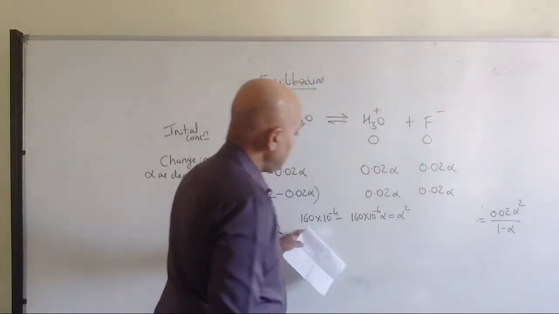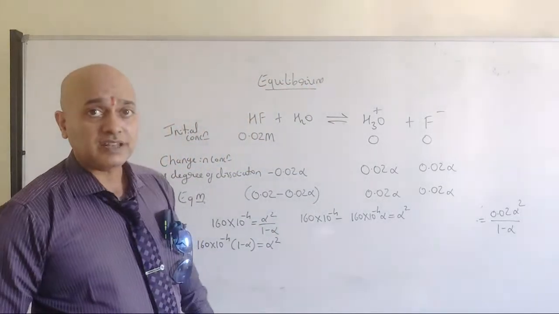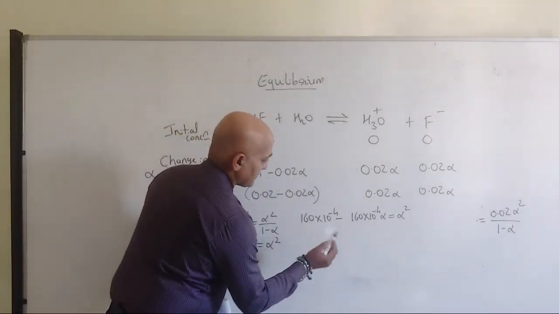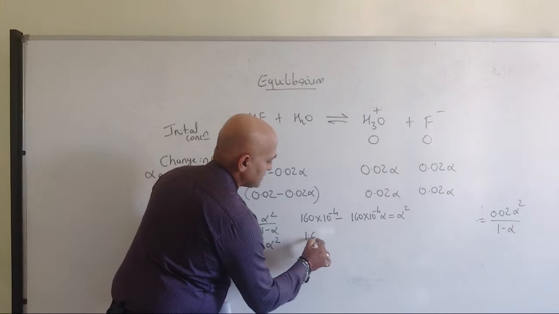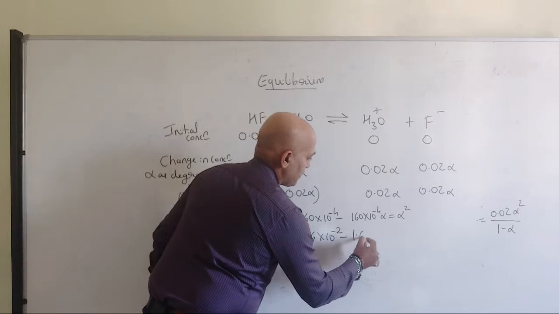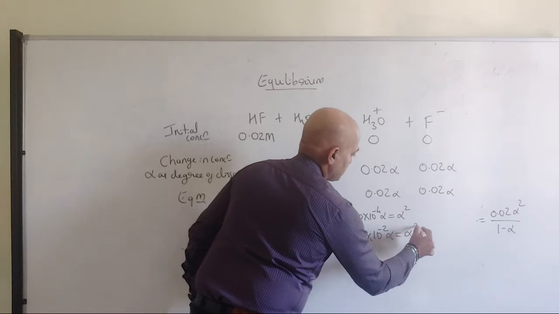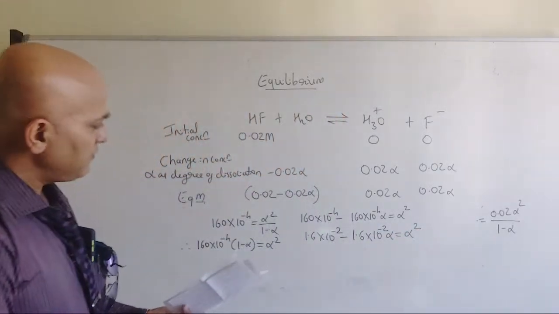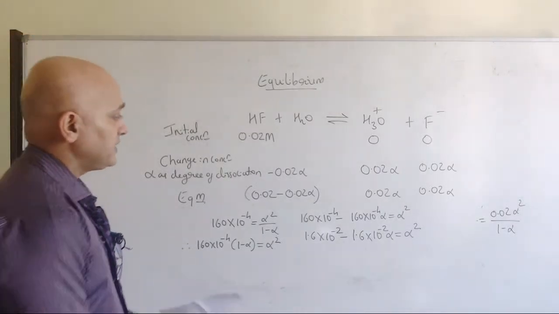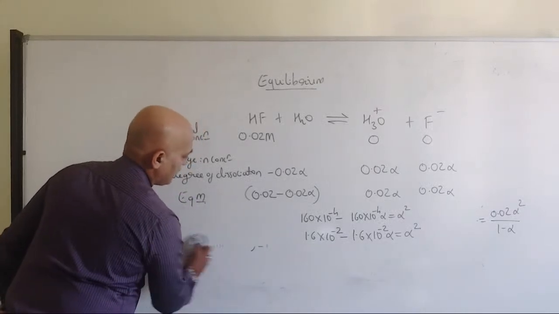So we can go with 1.6 into 10 to the power of minus 2 minus 1.6 into 10 to the power of minus 2 alpha is equal to alpha square. Or you can even make it 0.16, anything is fine. All of you have understood? So this is what we have got.